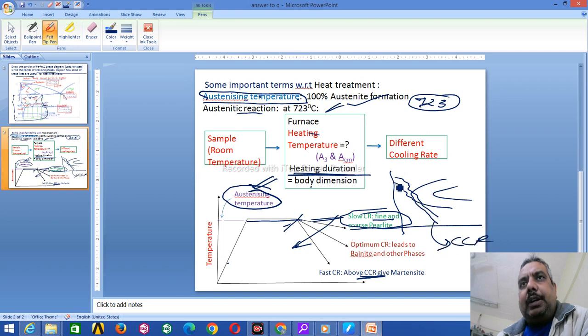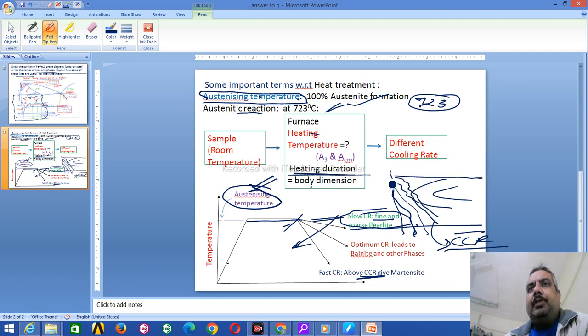Any cooling rate faster than this will give martensite, and any cooling rate in between leads to the formation of bainite or sorbite, these types of microstructures. So we have to know all these things.